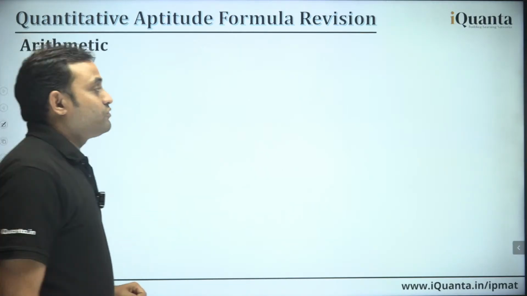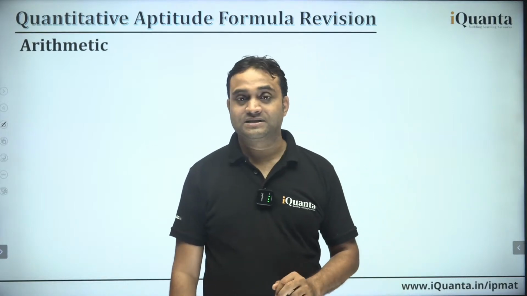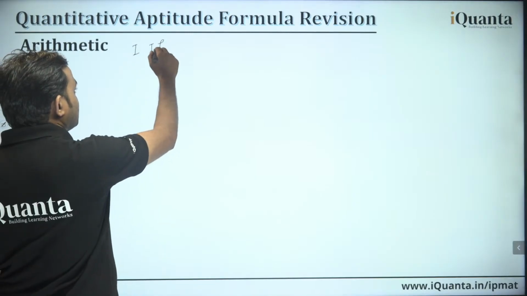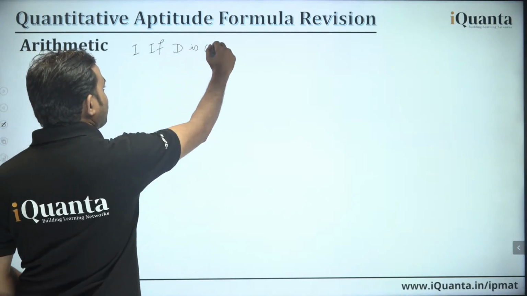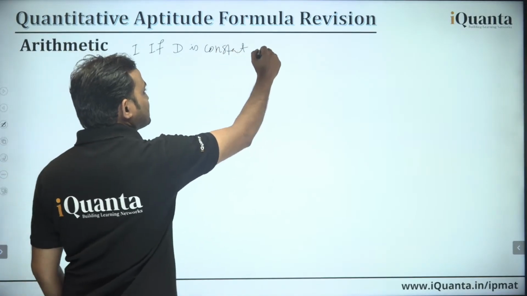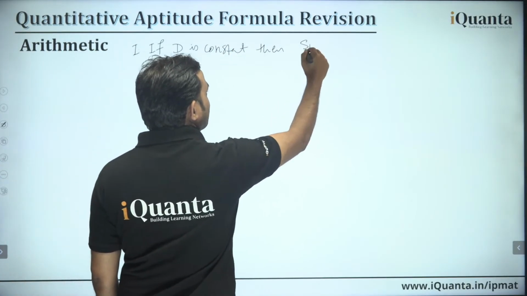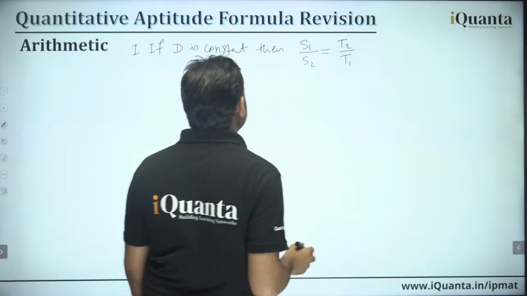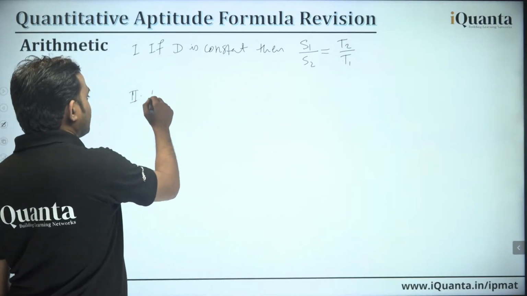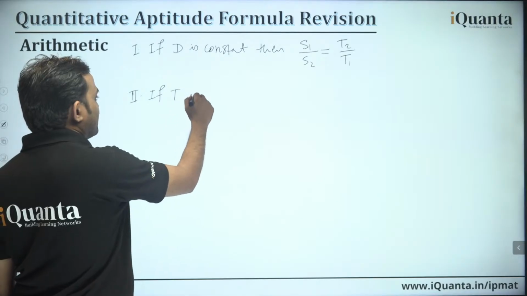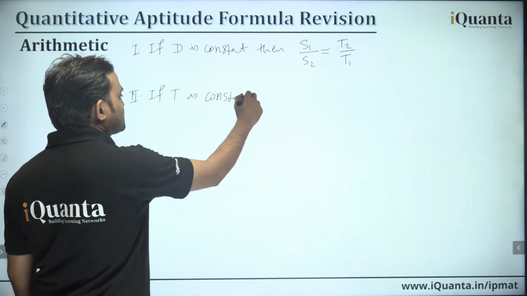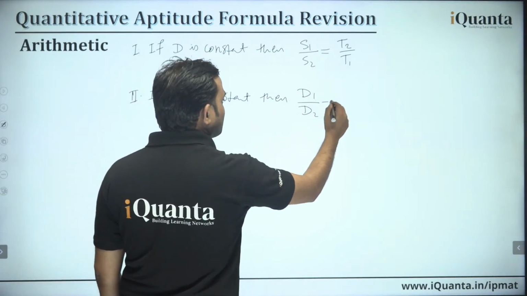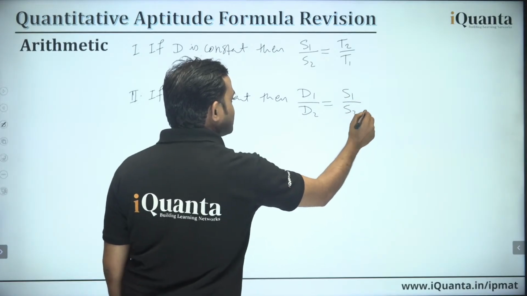Now, what do we know in case of time, speed and distance? First case, if distance is constant, then we can say that S1 upon S2 will be equal to T2 upon T1. Then if time T is constant, same in two different situations, we can say D1 by D2 is equal to S1 upon S2.